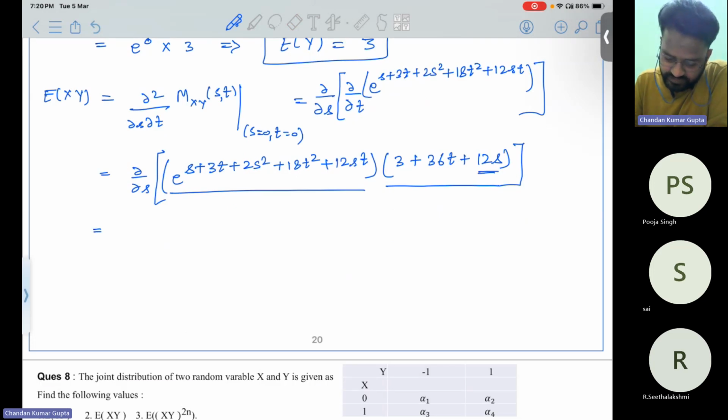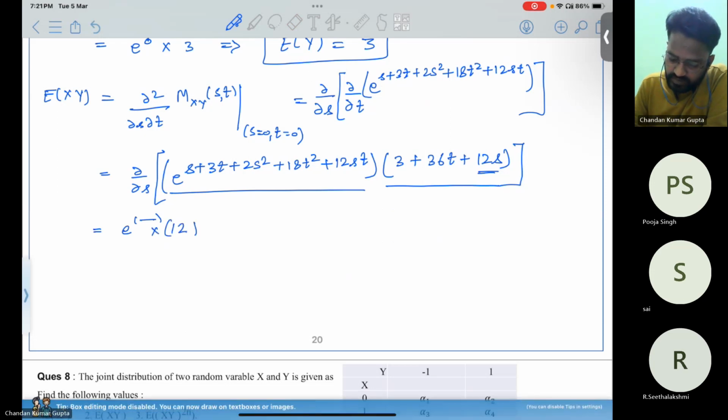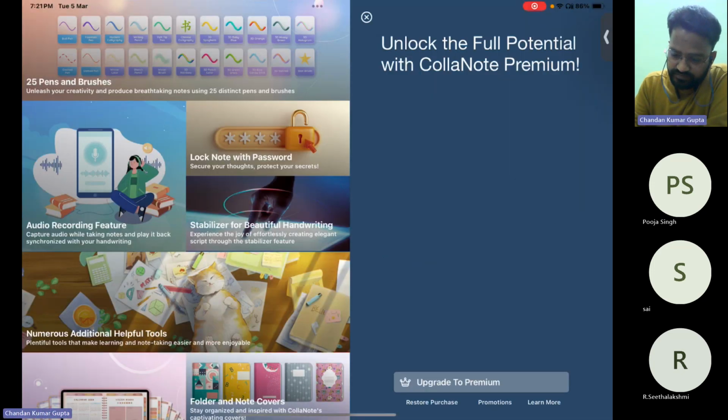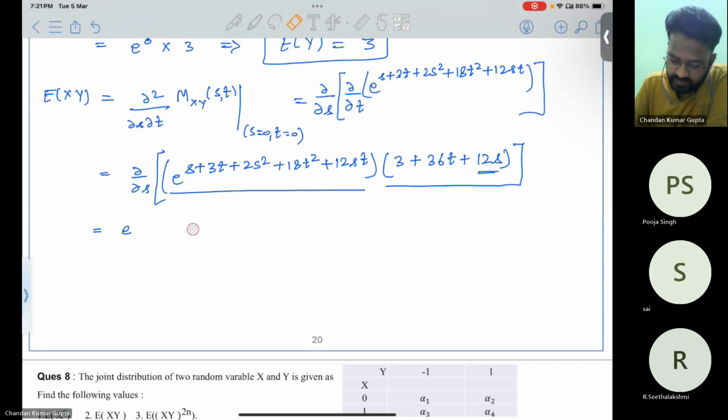We will get first function, like all these terms, times differentiation of second function, which is 12. We write the whole thing: s plus 3t plus 2s square plus 18t square plus 12st.